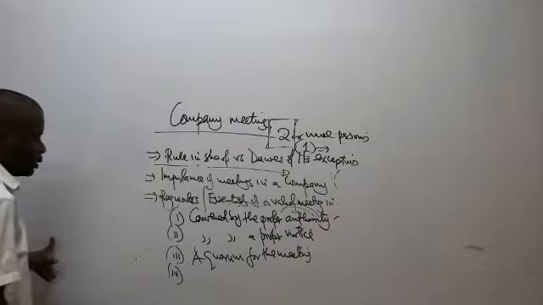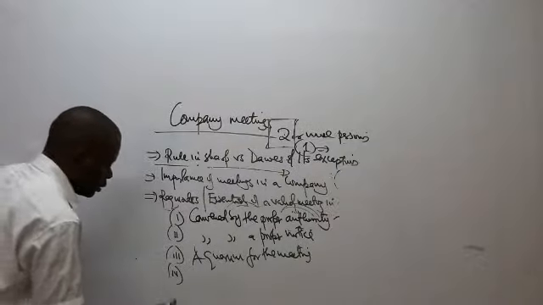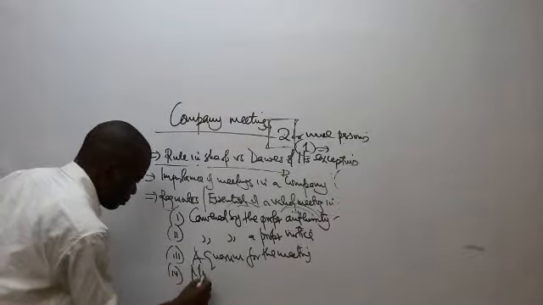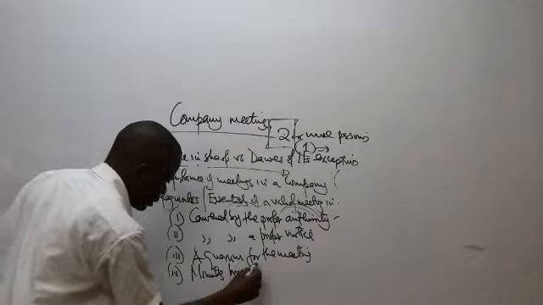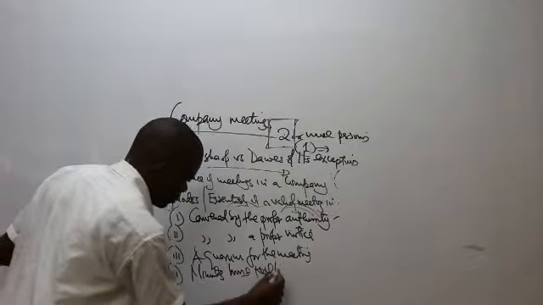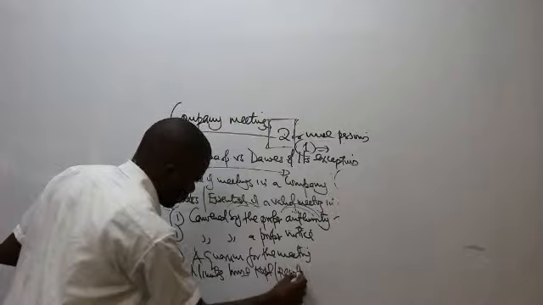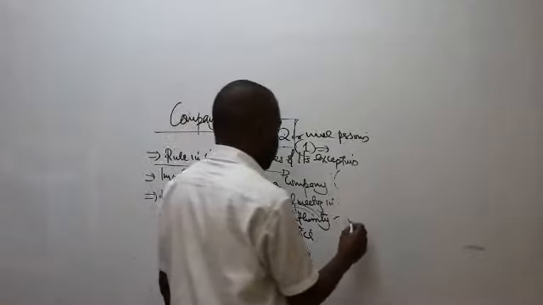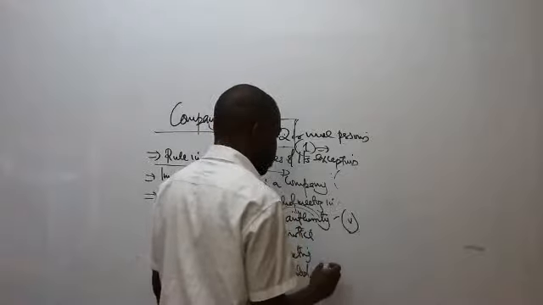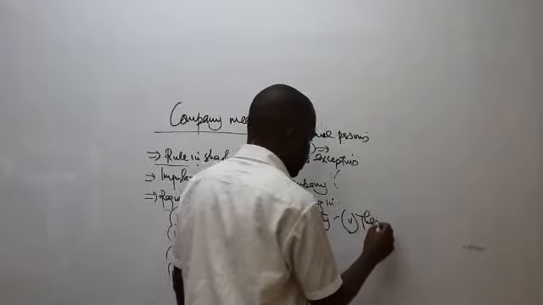Number 4, minutes must be kept or recorded. Then the last one, number 5, there must be a proper person as the chair of the meeting.